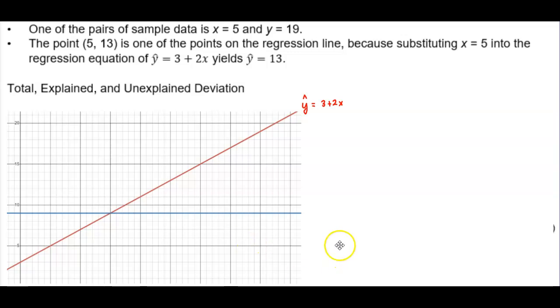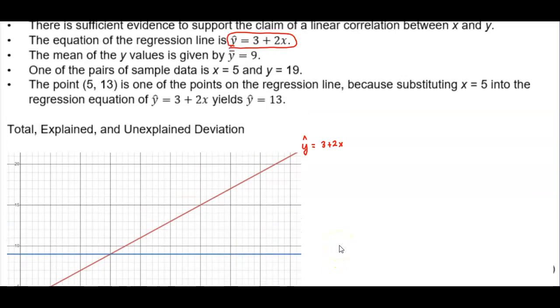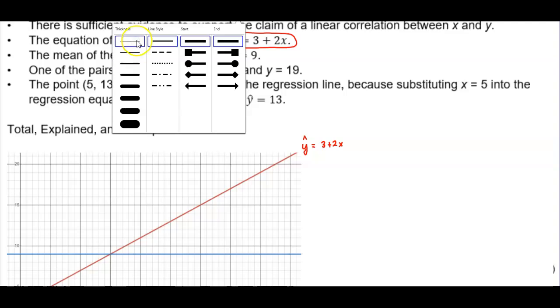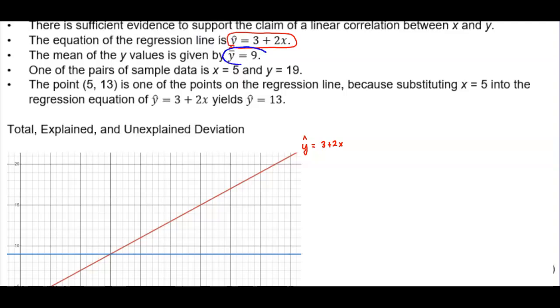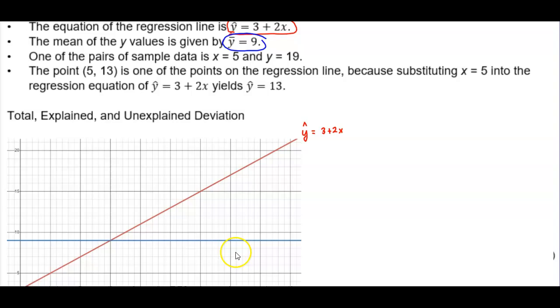Then we also have the graph of the mean of the y values. This blue line represents the mean of the y's, which is equal to 9.